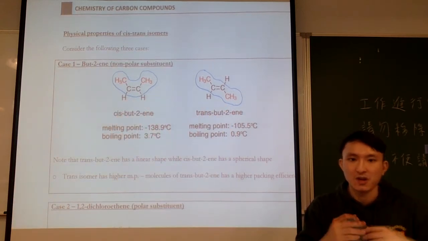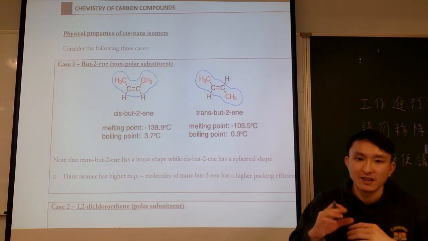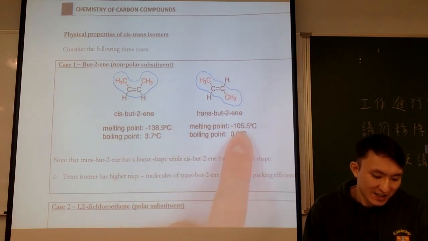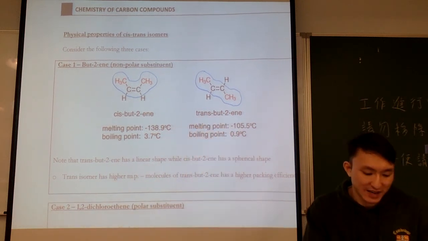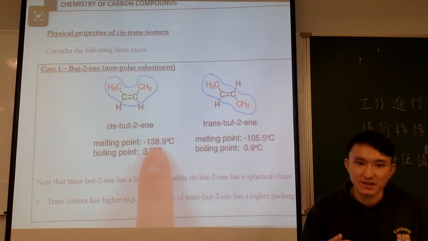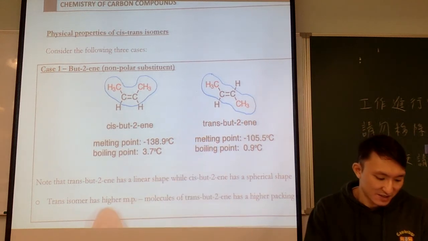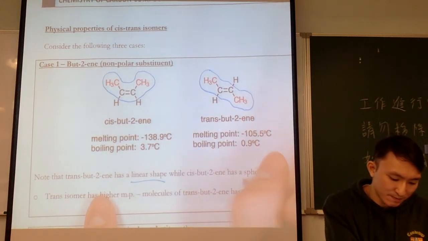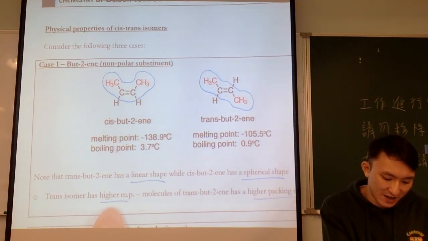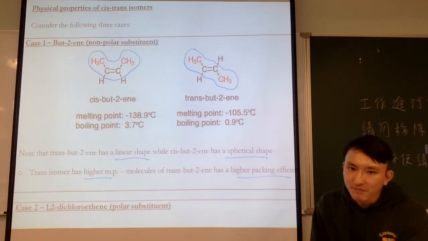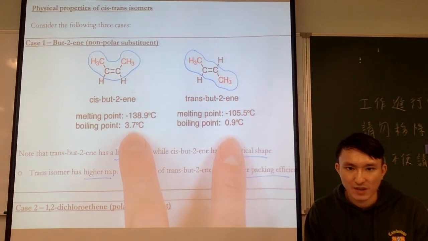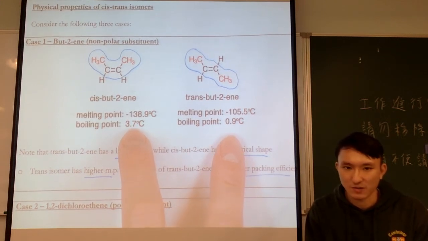So when it comes to the melting point, where we're looking at packing efficiency, the trans-butene has a higher melting point because of a better packing efficiency. So we focus on the shape. For the boiling point, the difference is not much, so we don't focus on that too much.